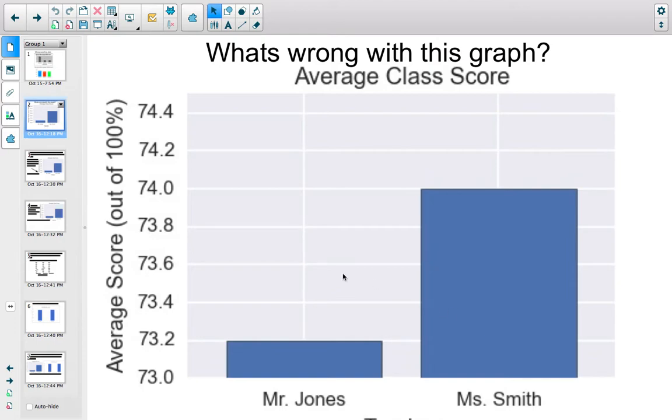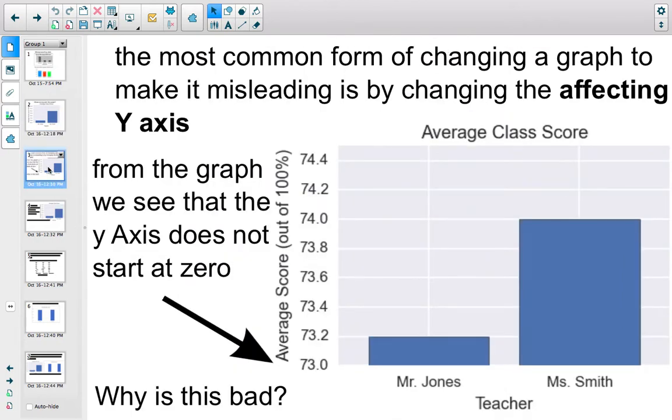But look at the y-axis, this vertical axis, right? Is there a big difference between the highest point of Mrs. Smith's class and the highest point of Mr. Jones's class? Right? The most common form of changing a graph to make it misleading is by changing the y-axis.